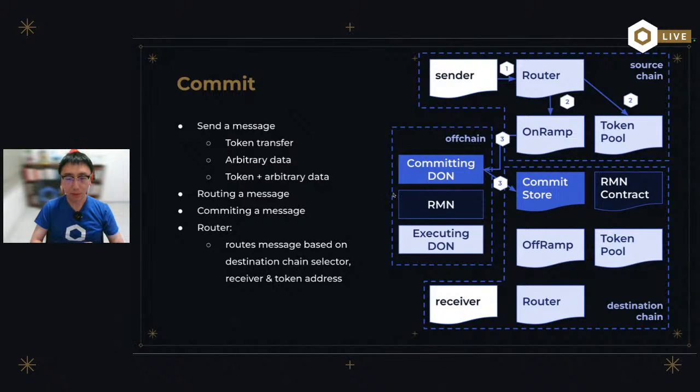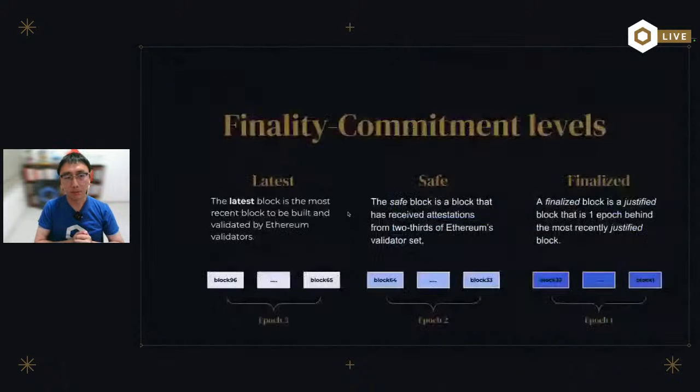In order to avoid this double spending issue, we need to introduce another concept called finality commitment levels. The finality commitment levels include three statuses: latest, safe, and finalized.